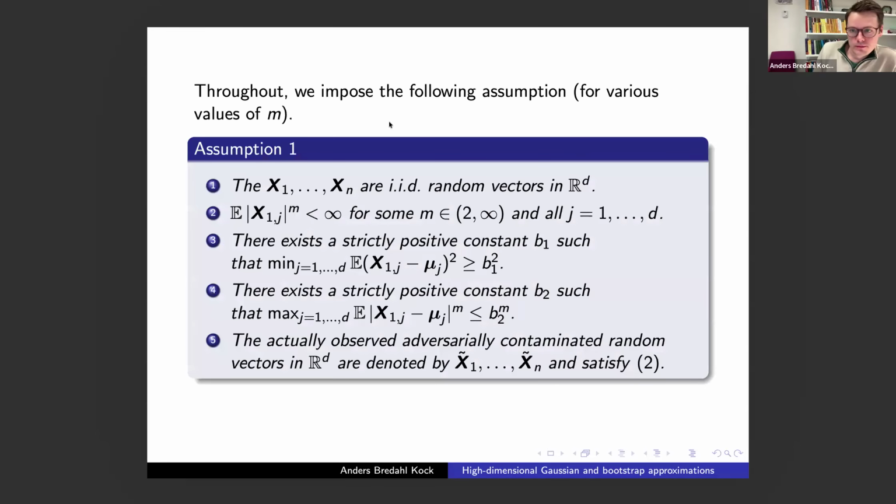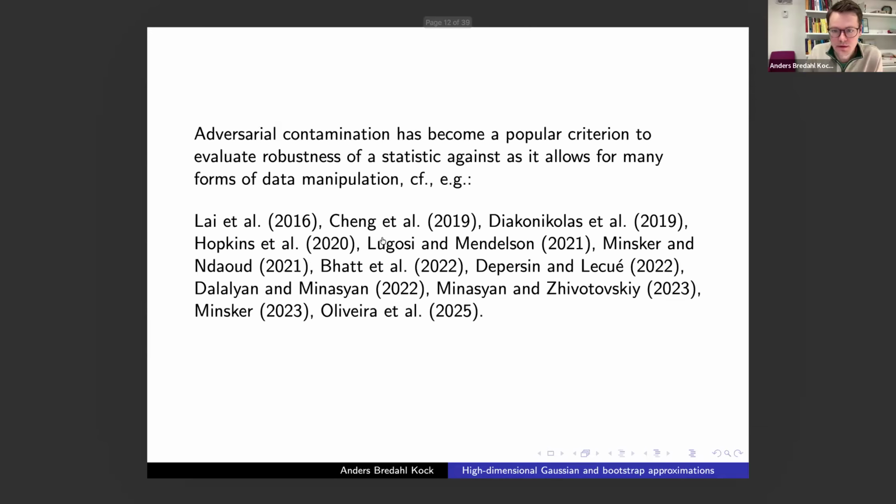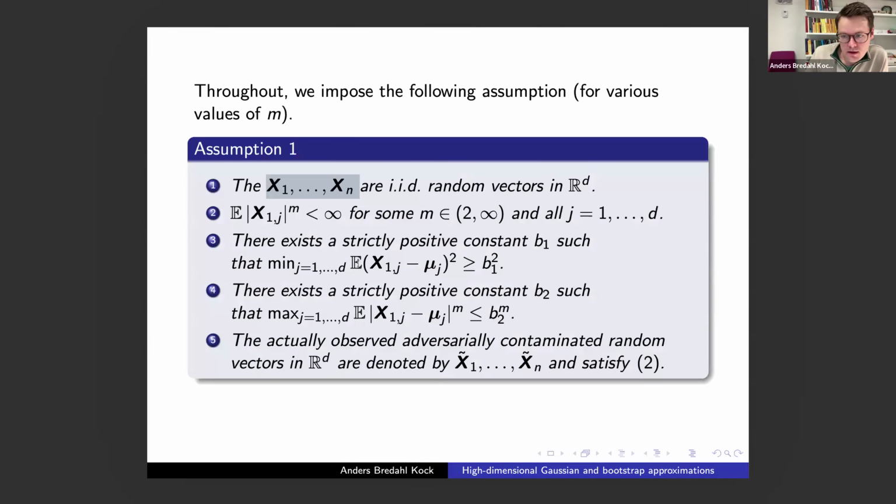Okay, throughout the talk, we impose the following assumptions. So, as I already alluded to, we consider the case where the raw, uncontaminated data, x1 up to xn, is IID and takes values in R^d. The entries of my data have mth moments for some m strictly greater than 2. Furthermore, we'll assume that the variances of the entries of x are bounded from below by some b1 to the power 2.